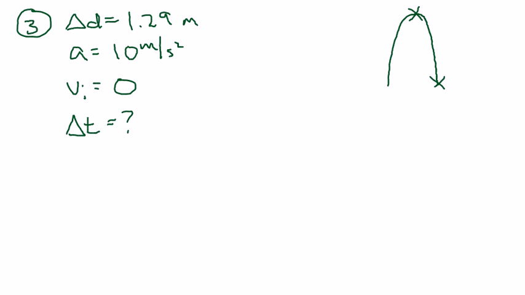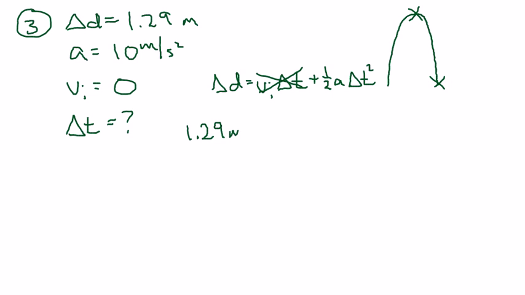The best equation for this is going to be delta D equals VI delta T plus 1/2 A delta T squared. We know that our VI is 0, so we can cross this off. We also know that our delta D is 1.29 meters equals 1/2 times 10 times delta T, which we don't know yet, squared.